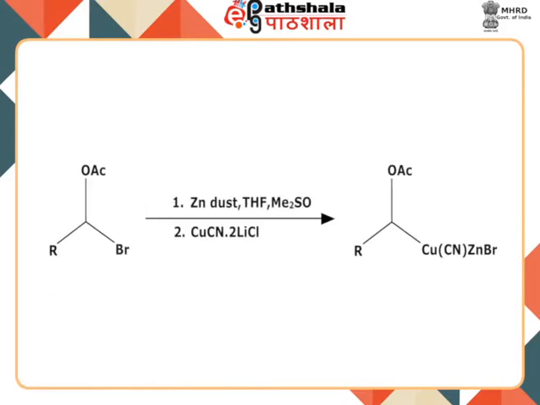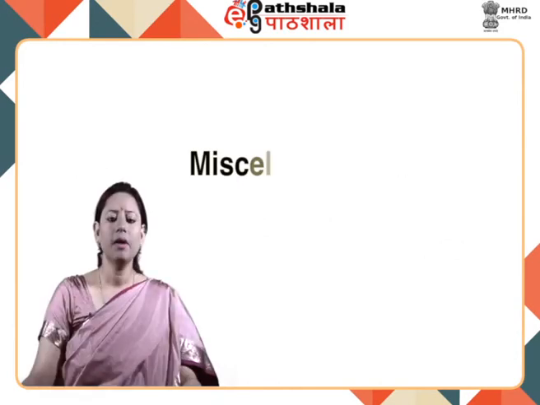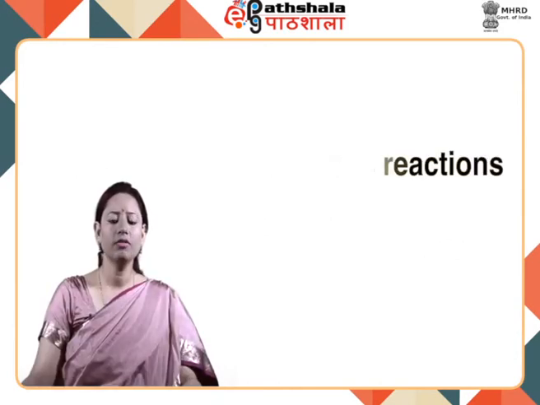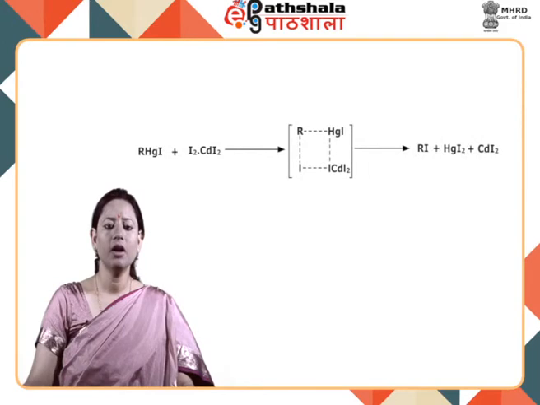Another reaction for formation of such complexes with zinc metal is the reaction of RCHOAc-Br in the presence of zinc dust, THF, dimethyl sulfoxide and copper cyanide to give RCHOAc-CuCNZnBr.